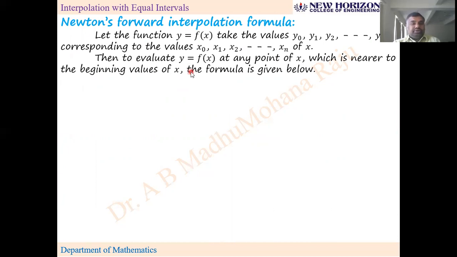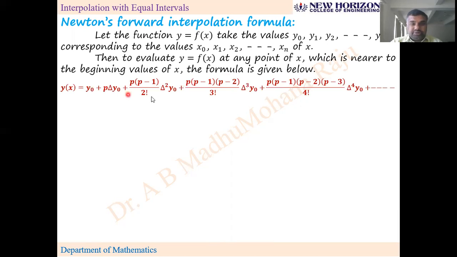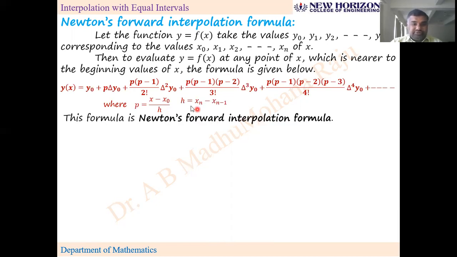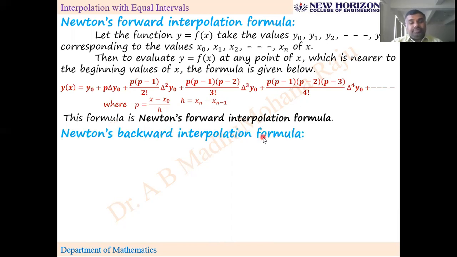When we have to find the value of y at an x value near the beginning of the given x values, we have to use Newton's forward interpolation formula. The formula is this one, where p is equal to x minus x0 by h, and h is xn minus xn minus 1, the difference between any two successive values of x. This formula is Newton's forward interpolation formula.